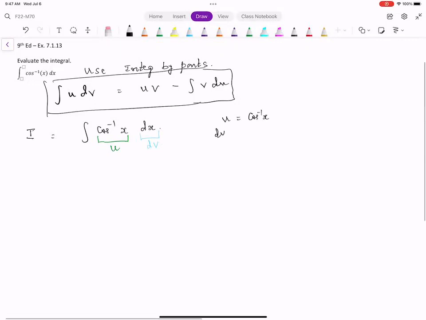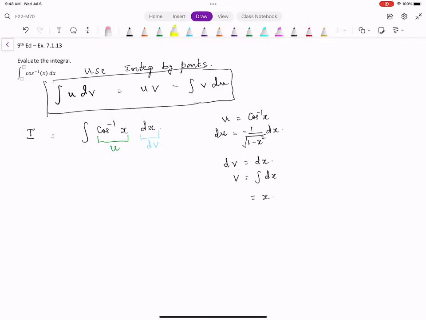We have to find the differential du, which is the derivative of cosine inverse x, negative 1 over square root of 1 minus x square dx. And dv that we have chosen is dx, so v will be the integral of dx, which is equal to x.